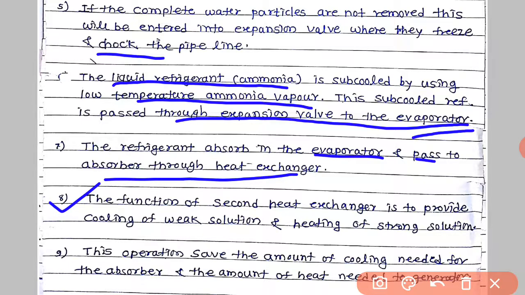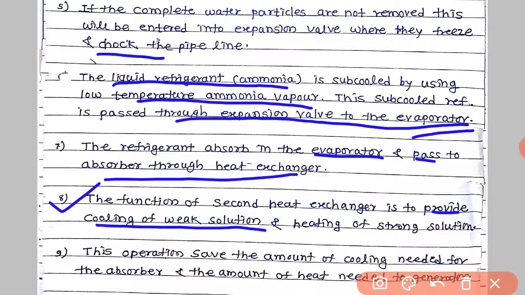The function of the second heat exchanger is to provide cooling of the weak solution. The weak solution coming out from the generator is cooled and then passed to the absorber, and in the absorber a strong solution of aqua ammonia gets formed, because the ammonia vapors entering from the evaporator are absorbed by this weak aqua ammonia solution.